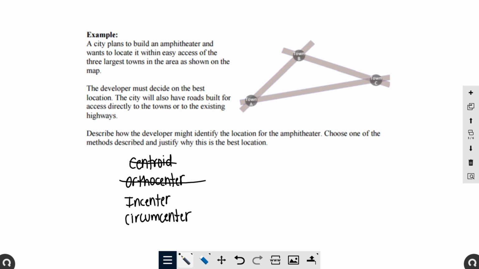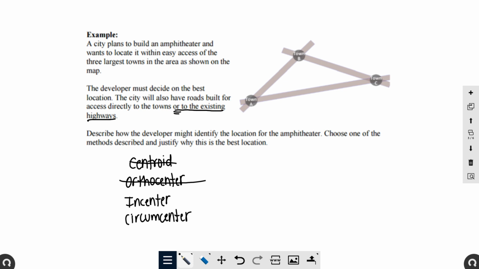Is it the vertices? The sides. And the sides are what? The highways. Now, since this one said it's going to have roads that are built from the existing highways, I could consider incenter, but only a few of you went over to circumcenter.